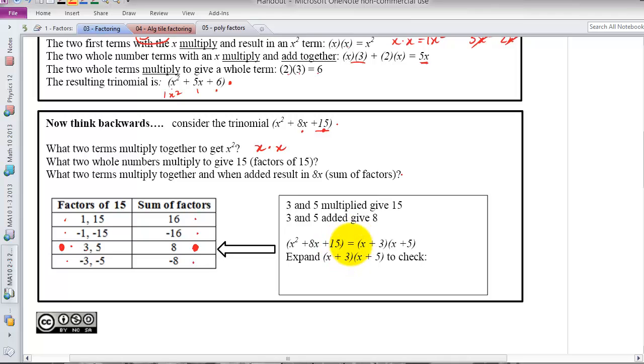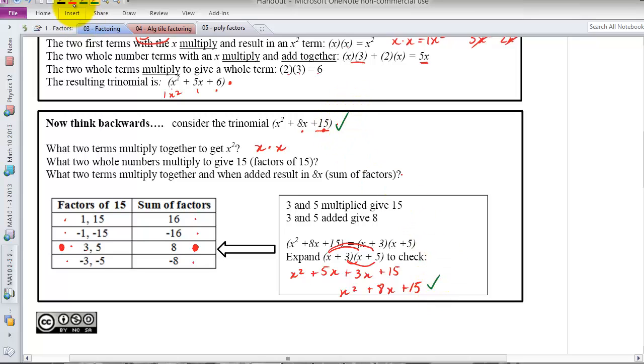And we can check that by doing our distributive property. So x squared plus 5x plus 3x plus 15. That's x squared plus 8x plus 15. And I'd say check, that works.